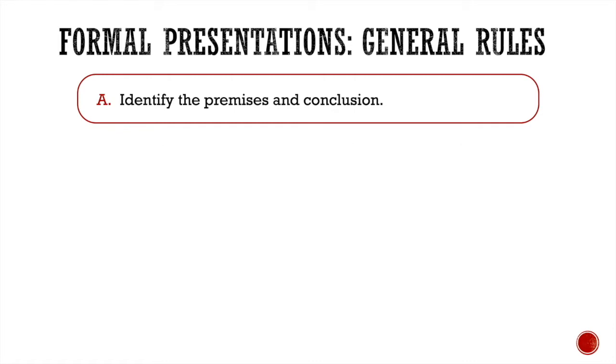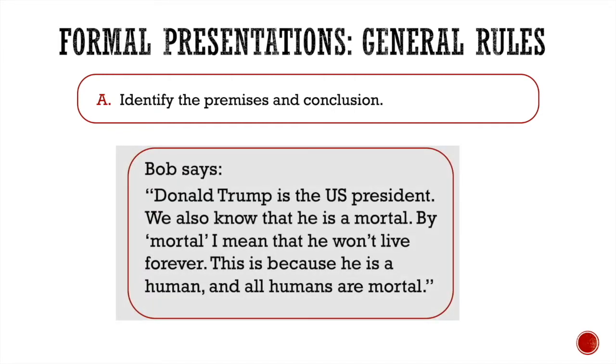So let's look at the example that we were looking at before. So here again we have this claim. Let's see, are there any premise or conclusion indicators here? Well, let's check. Bob says Donald Trump is the US president. We also know that he is a mortal. By mortal, I mean that he won't live forever. This is because, well, here we definitely have a premise indicator.